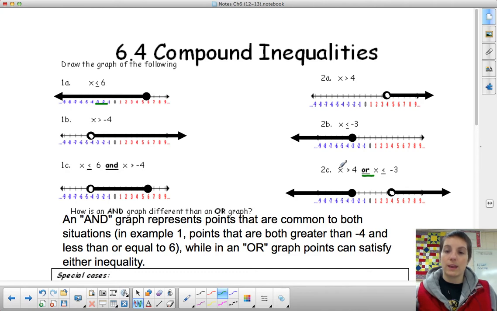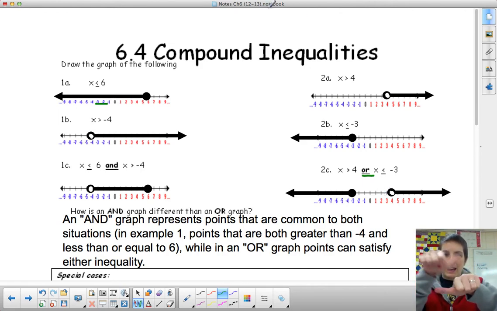Where are the points where the x's are greater than 4, or the x's are less than or equal to -3? The points could be here to the right, they could be here to the left, but they cannot be in between. So when we have an OR graph, we expect our picture to look like this.